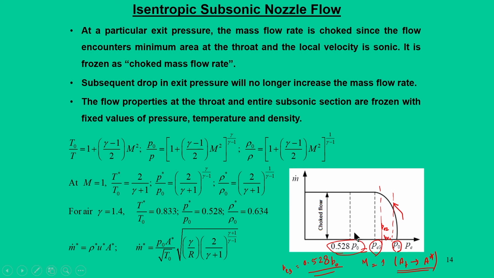Whatever value of pressure ratio you maintain downstream, the mass flow rate stays fixed. This fixed value is defined by m star equals P naught A star by square root of T naught, multiplied by square root of gamma by R, multiplied by twice by gamma plus 1, whole to the power gamma plus 1 by gamma minus 1.